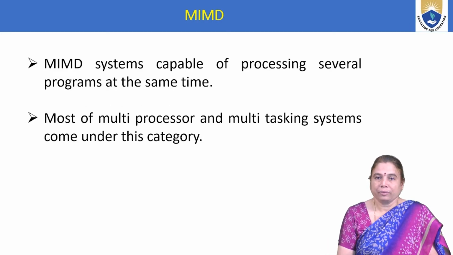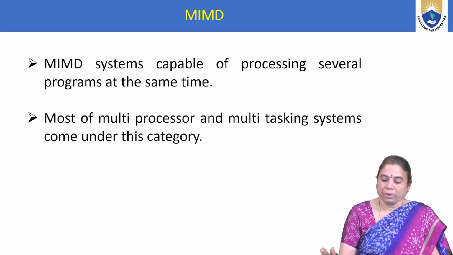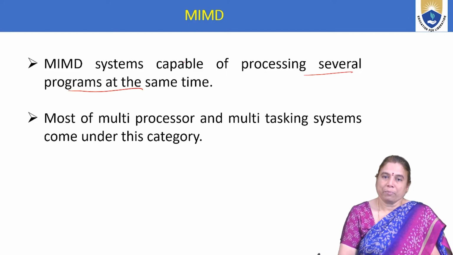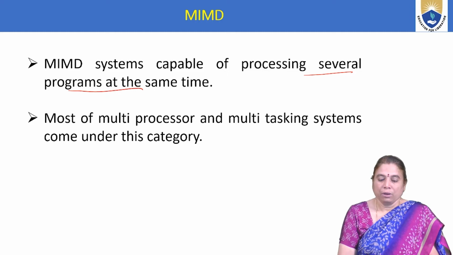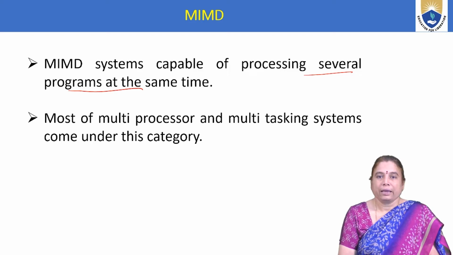Next variety is MIMD, multiple instruction stream, multiple data stream. So MIMD systems are capable of processing several programs at a time. So multi-programming can be supported by the MIMD architecture. Most of the multiprocessor and multitasking systems come under this category.